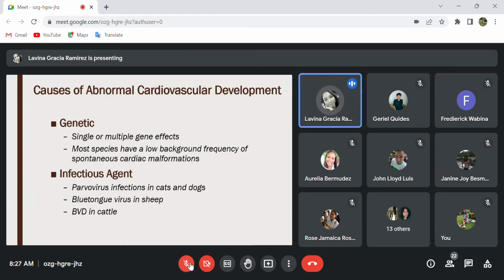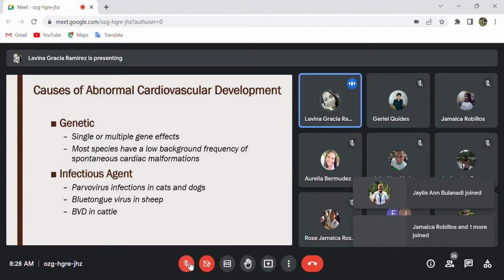disease are single or multiple gene defects. Most species have mutations. And of course, for the infectious agent, you have heard about some viral diseases, particularly parvovirus. I've mentioned this one because the virus of the parvoviridae family do love to replicate in the actively dividing cells.